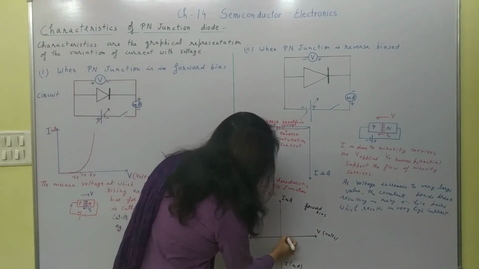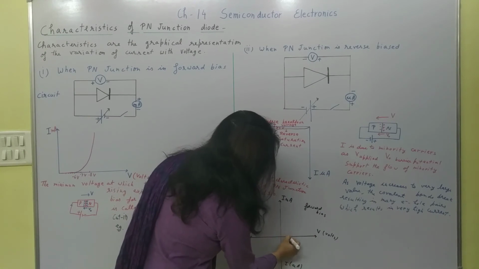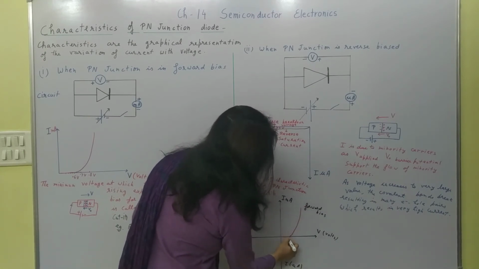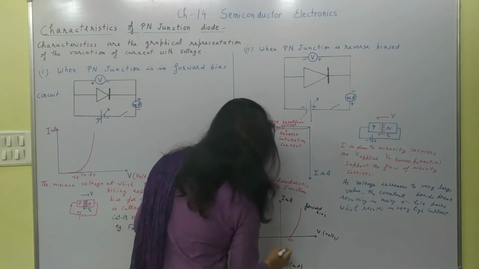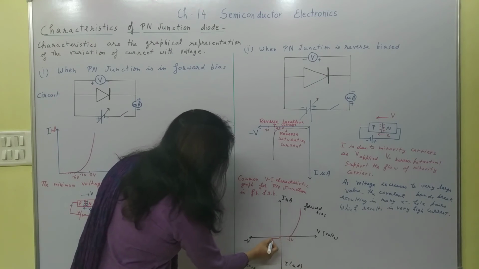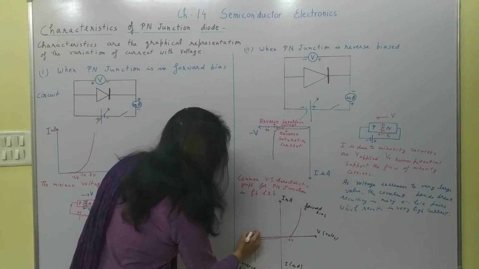So we have already studied that this is the graph for the forward bias region, and here it is the reverse breakdown voltage.